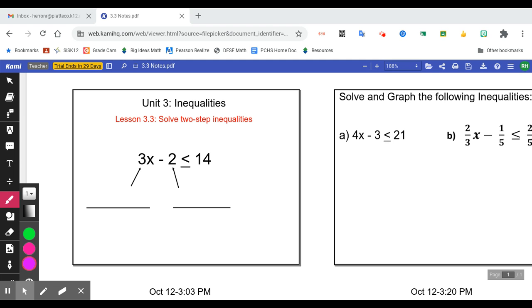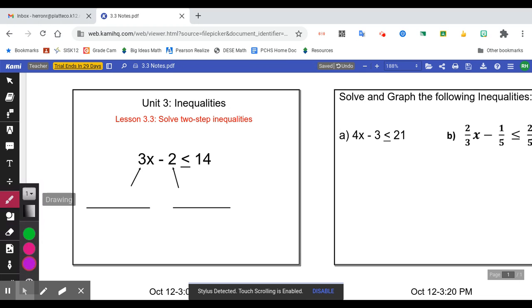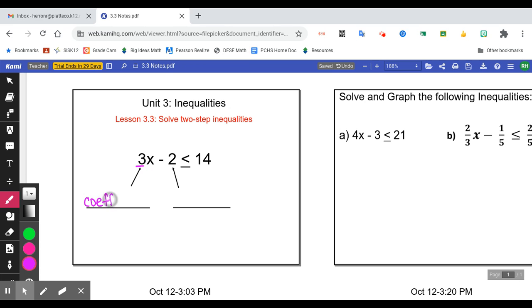So let's talk about real quick, just reviewing a little bit, what we call these terms when we're in an inequality or an equation. So the number that is with the variable is called the coefficient, and hopefully you remember that from earlier or from last year. And the number that stays the same is called the constant.